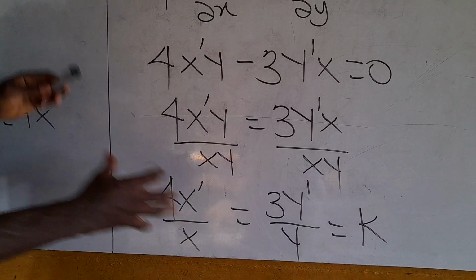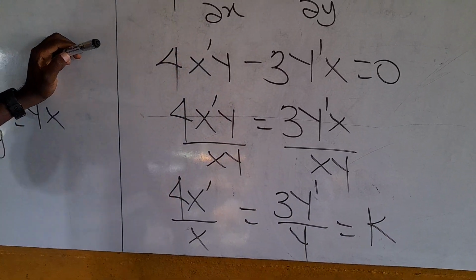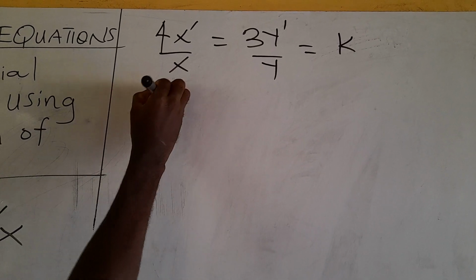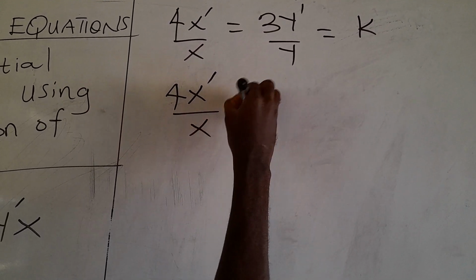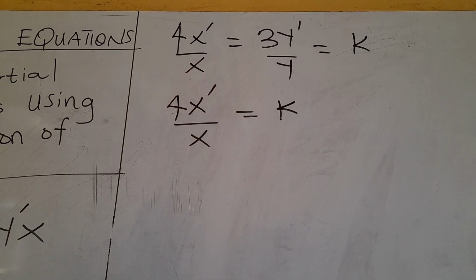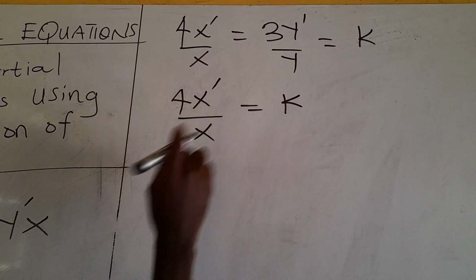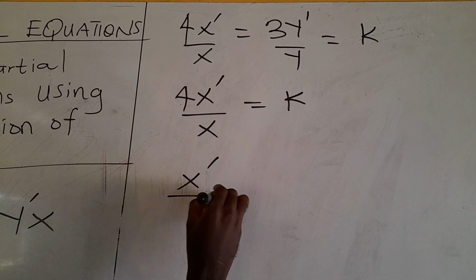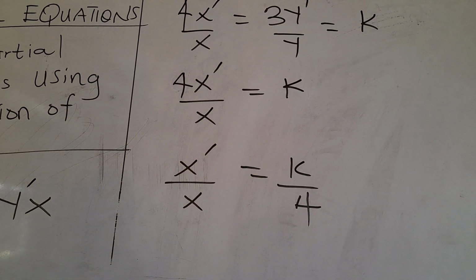Now we equate each of these to the constant, then solve. So let's equate this. We have 4x prime over x will be equal to a constant, say, k. We can divide both sides by the constant 4. So we have x prime over x is equal to k over 4.